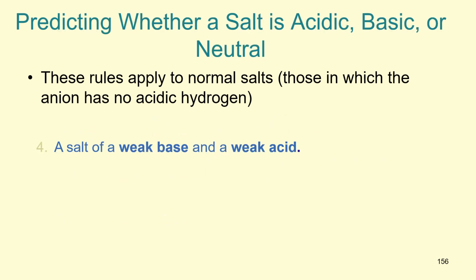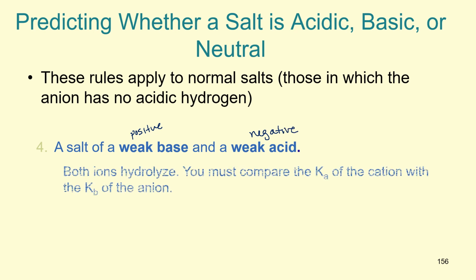Now, what happens if we have a weak base and a weak acid? So the positive ion is not one of those 6 strong bases, and the negative ion is not one of those 6 strong acids. Then it gets really complicated because it depends on which one is stronger.